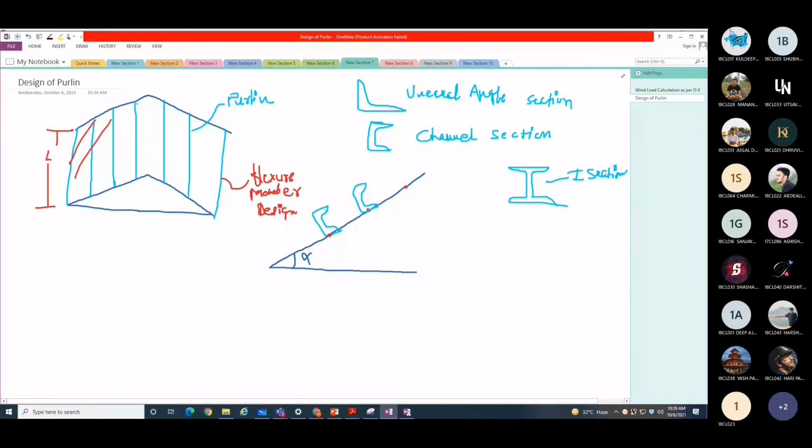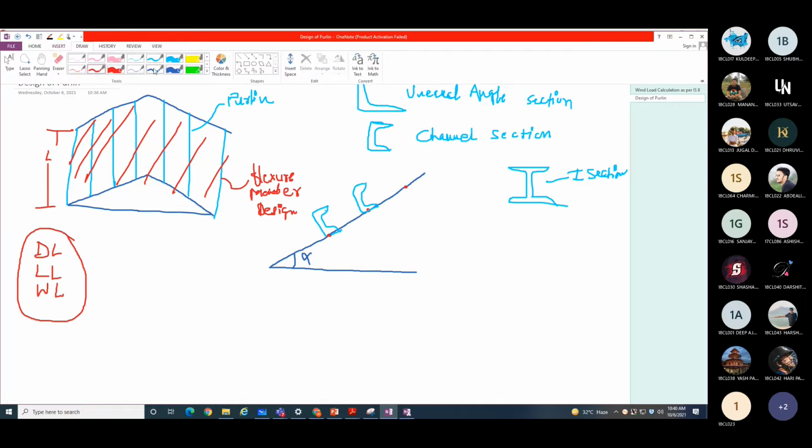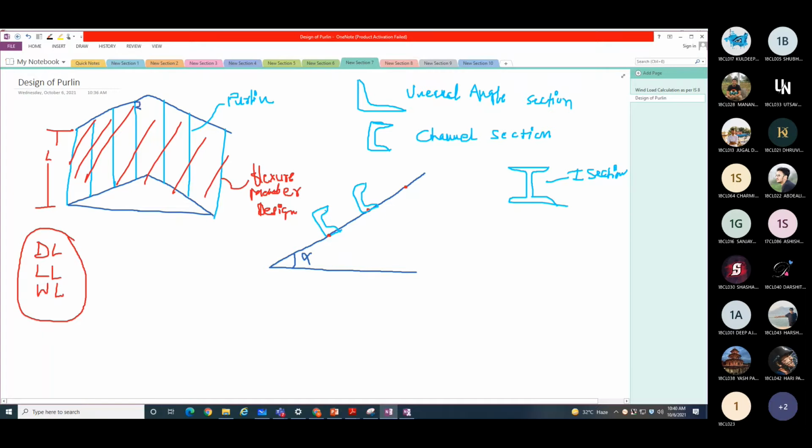The load of roof material will act, that is in terms of dead load, some live load and wind load. Right, so that is acting on the purlin, in terms of UDL load. UDL load means this UDL load acts throughout the length. So this is the length, and this is the UDL load in terms of kilonewton per meter.